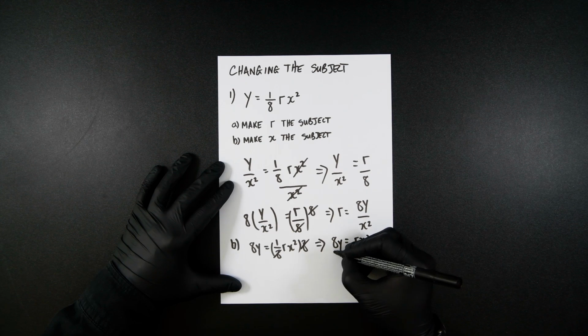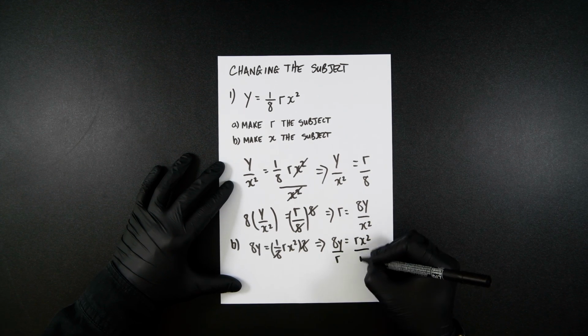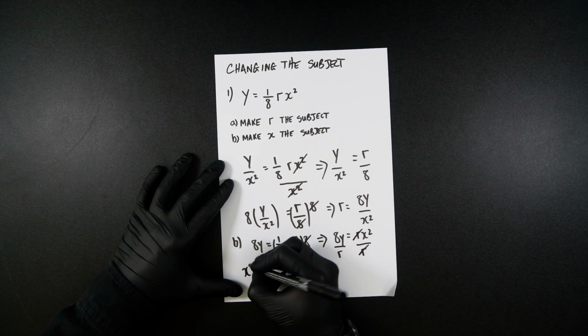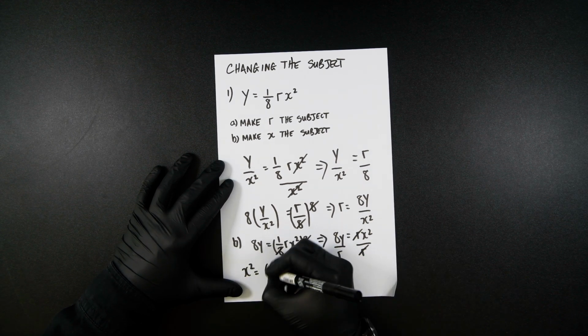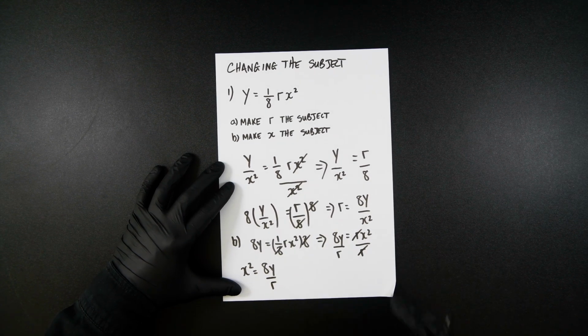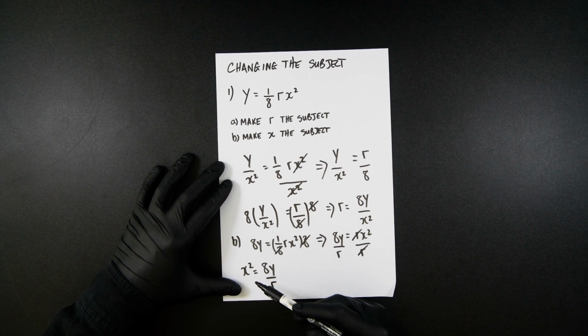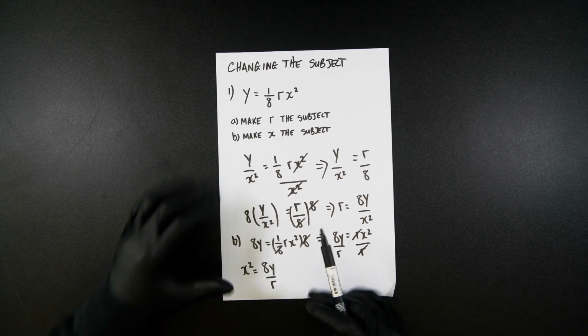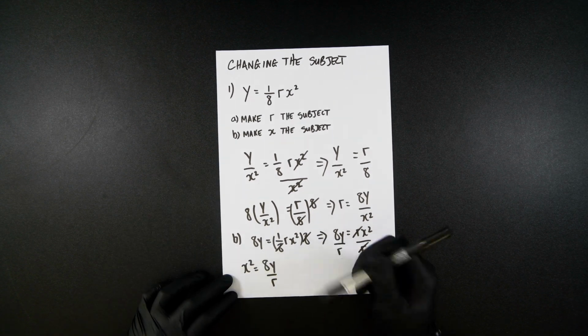If we divide both sides by r, these will cancel out, and we'll be left with x squared equals 8y over r. However, this isn't leaving it in terms of x on its own. It's being left as x squared. So to get rid of this squared, we would just square root both sides.